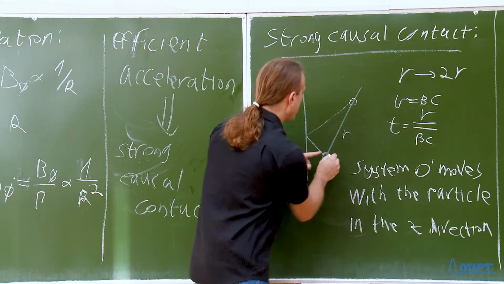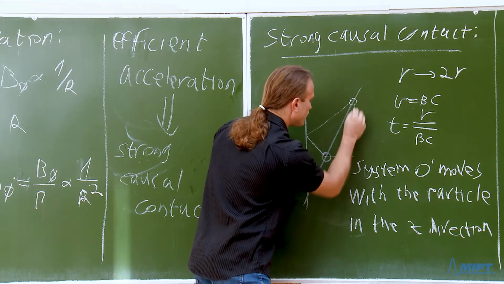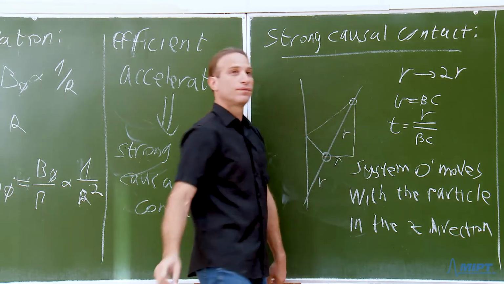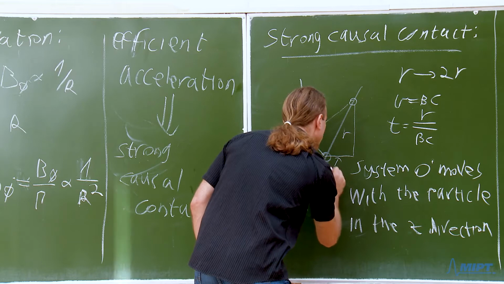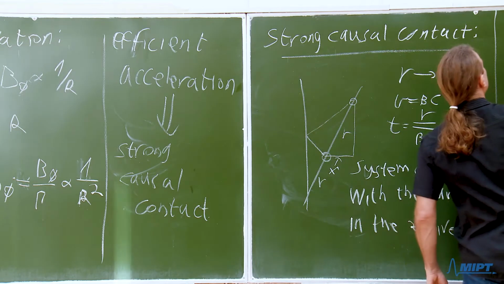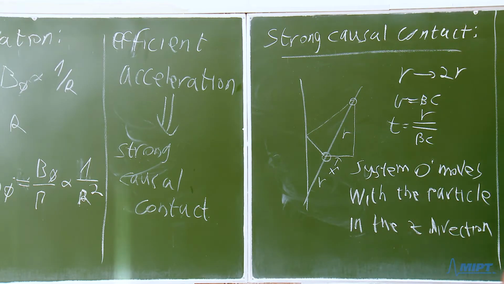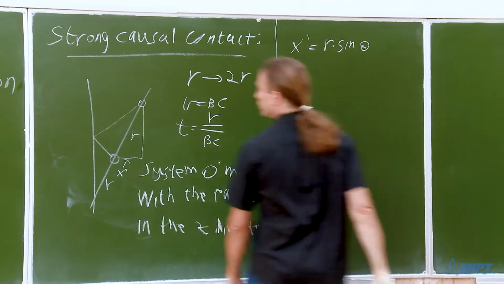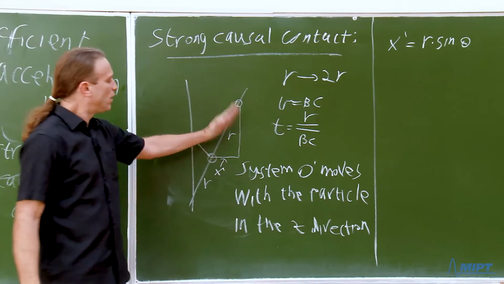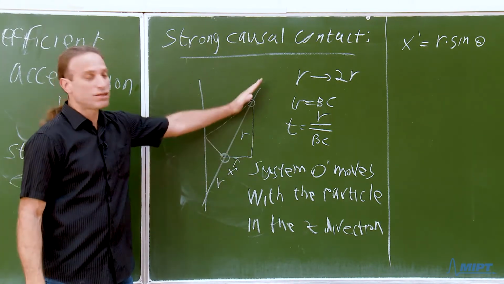The distance that the particle is covering, let's call it x tag, is equal to r times sine theta. This is just the x component of this path.